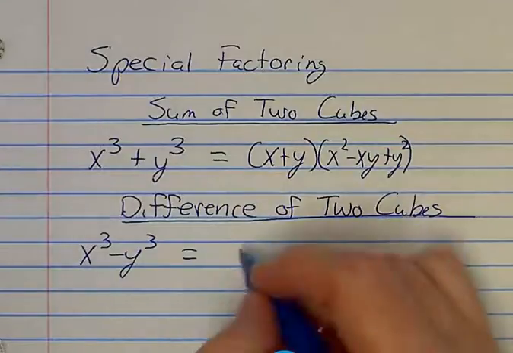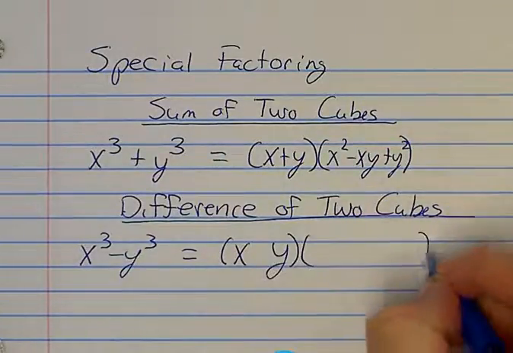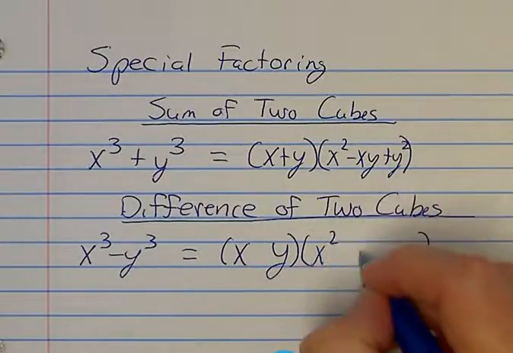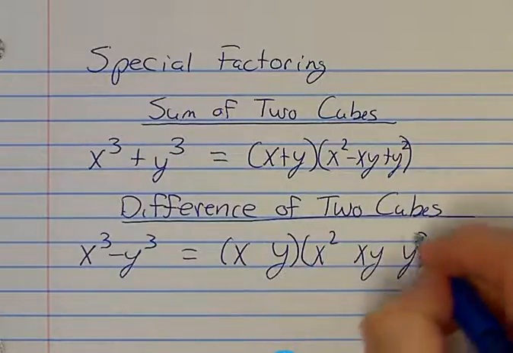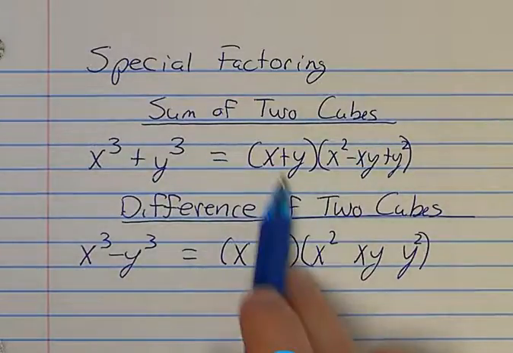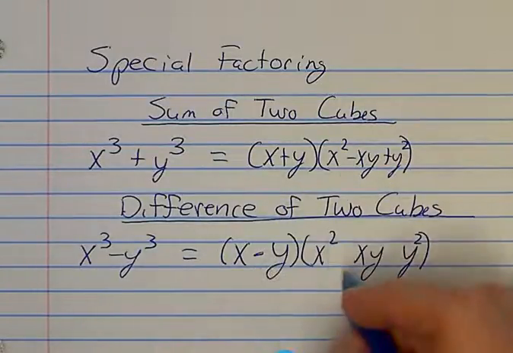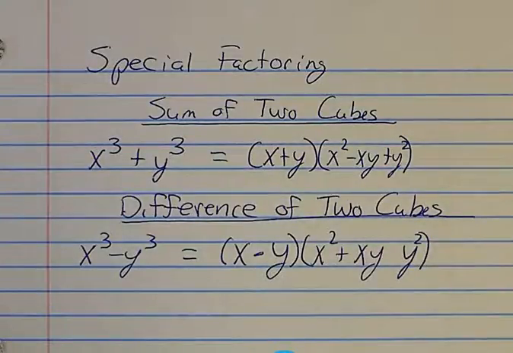Letter-wise, the letters are going to be the exact same letters. We're still going to have an x, still going to have a y, still going to have an x squared, still going to have the xy, and you would still have the y squared. The only thing that changes is the first two signs. These two signs in the beginning flip-flop. So we're going to put the minus here, and the plus goes here. That last one always stays a plus.